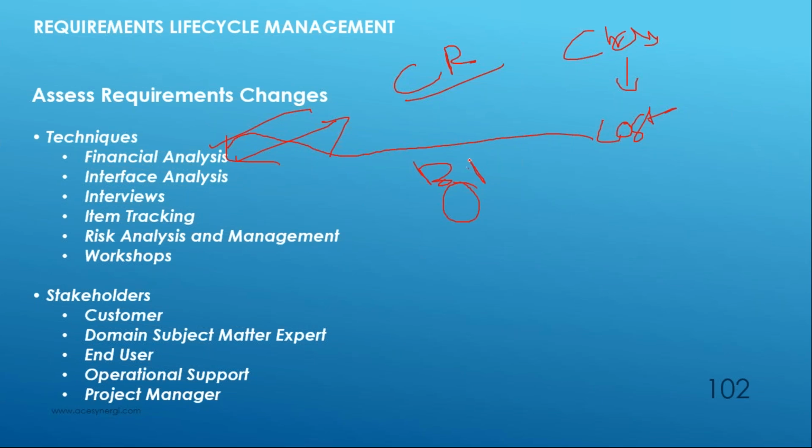Your system does not work in isolation. Any system that you have, the systems are interconnected. You may have one system, another system, and another, multiple systems interconnected with each other. How many systems are interconnected with each other, and how does a change impact them?